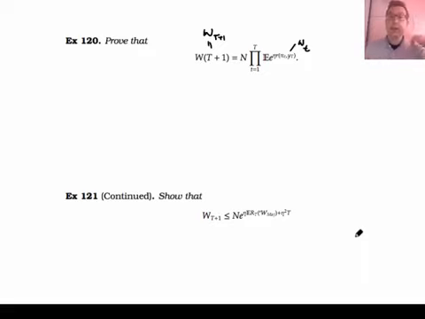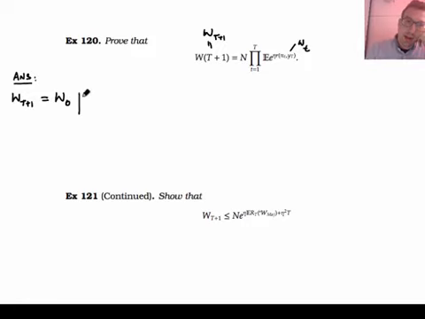So the idea is the following. I can look at W of t plus 1, okay. I can think of it as a product. I can think of it as W is 0, and then I take the product from t equals 0 to t of W of t plus 1 divided by W of t.